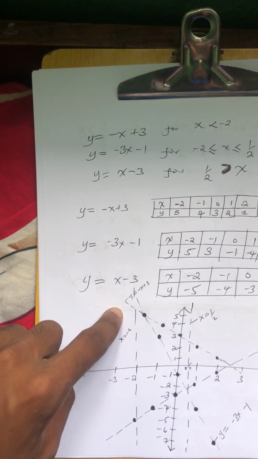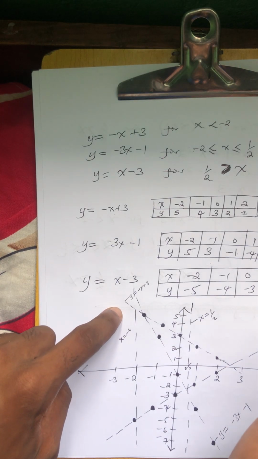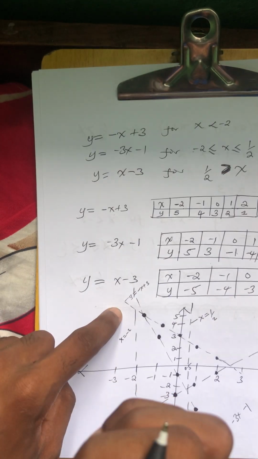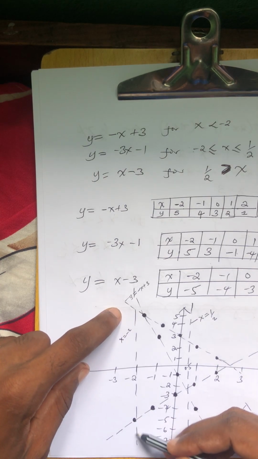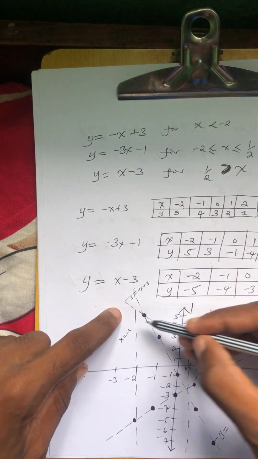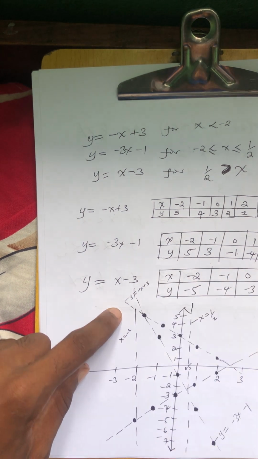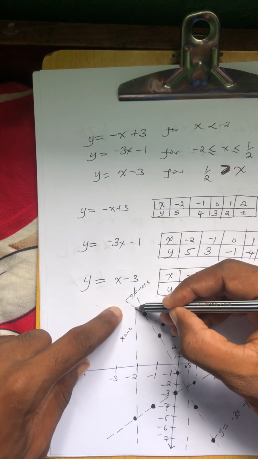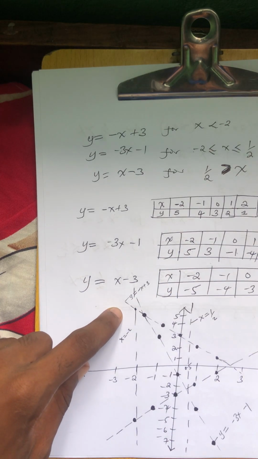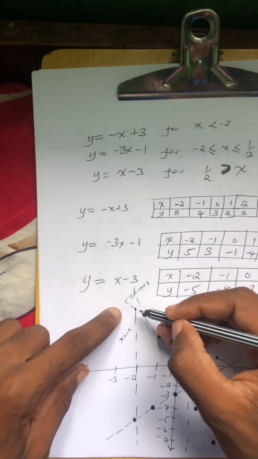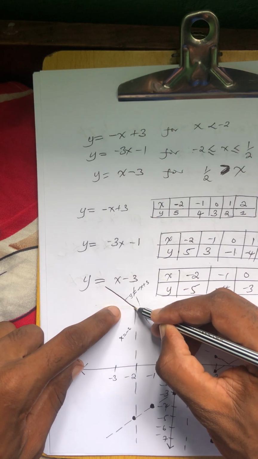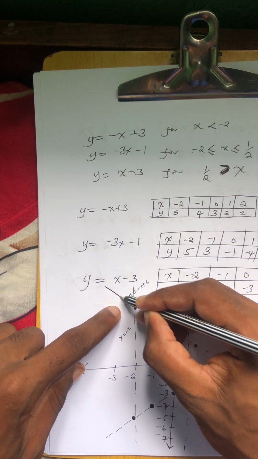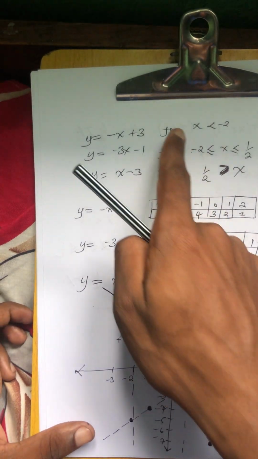We're only interested where x is less than minus 2. So we go from here, where they are meeting, it's somewhere here, right? So this region is the only region where we're interested, starting from here, going this side. That's what it means here.